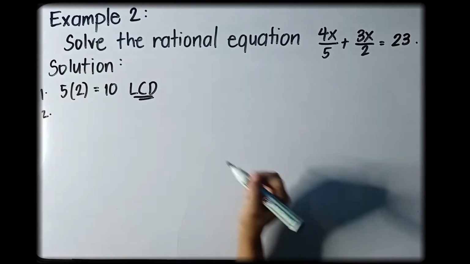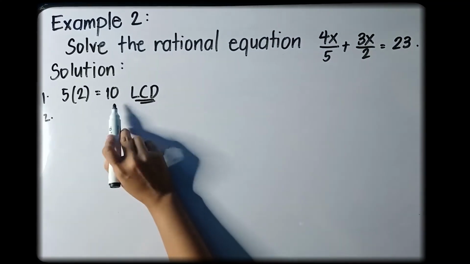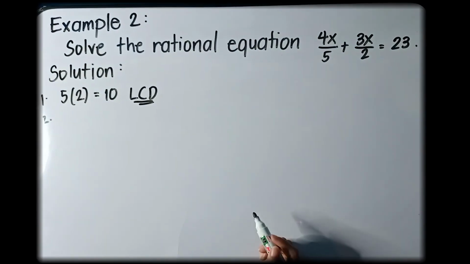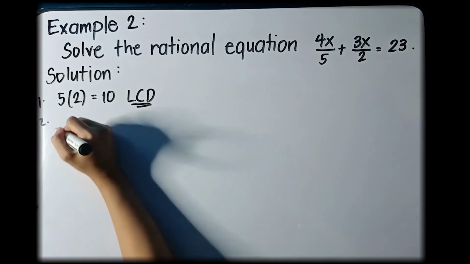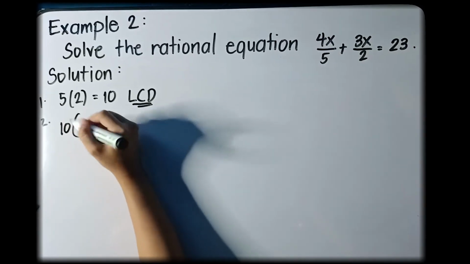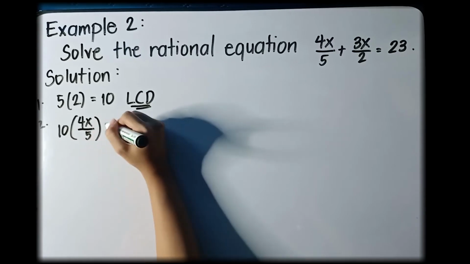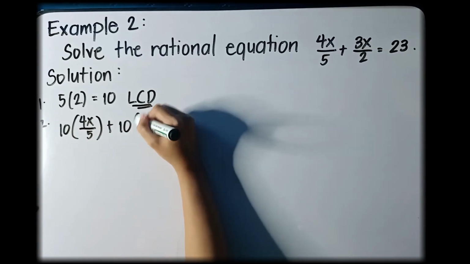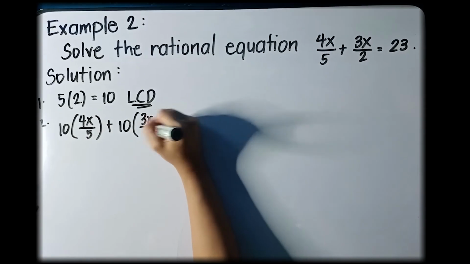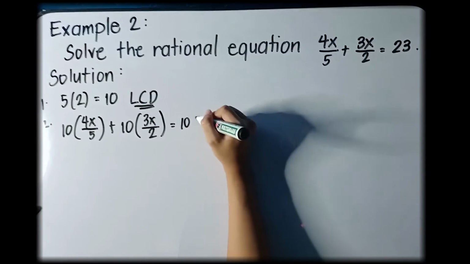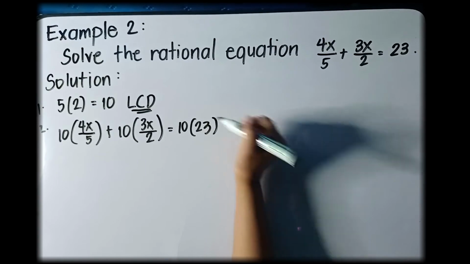For the second step, we have to multiply the LCD to all of the terms in your rational equation. So we have 10 times 4x over 5 plus 10 times 3x over 2 equals 10 times 23.